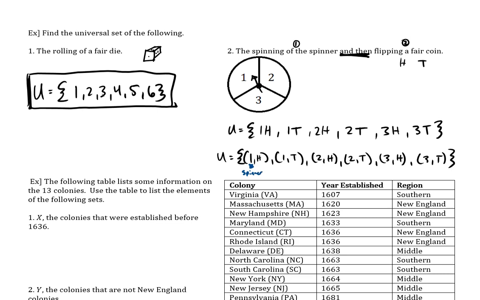This is the spinner, and then the H or T is from the coin. So it's showing that we separated them.